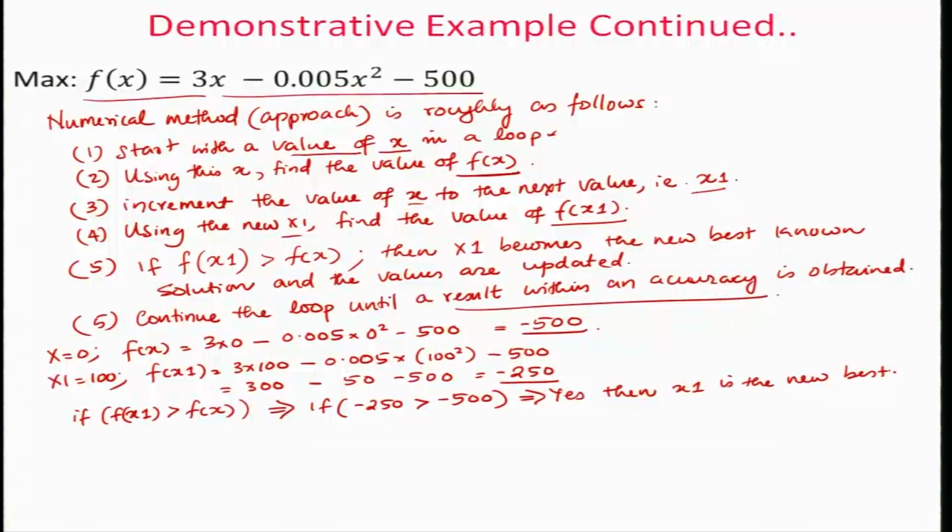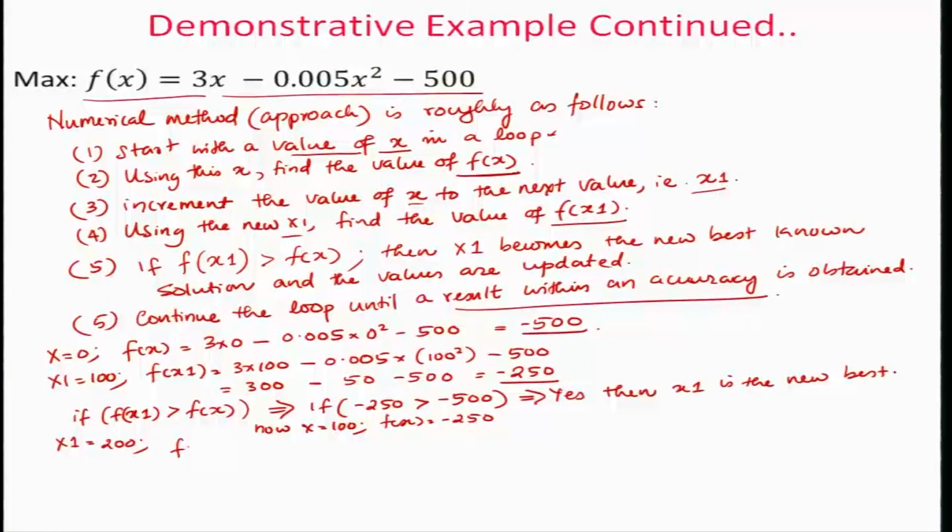Now, let us see what happened when we take the next x1. So, now x equal to 100, f of x is equal to minus 250. Now, x1 equal to 200. If that is the case, then what happens?